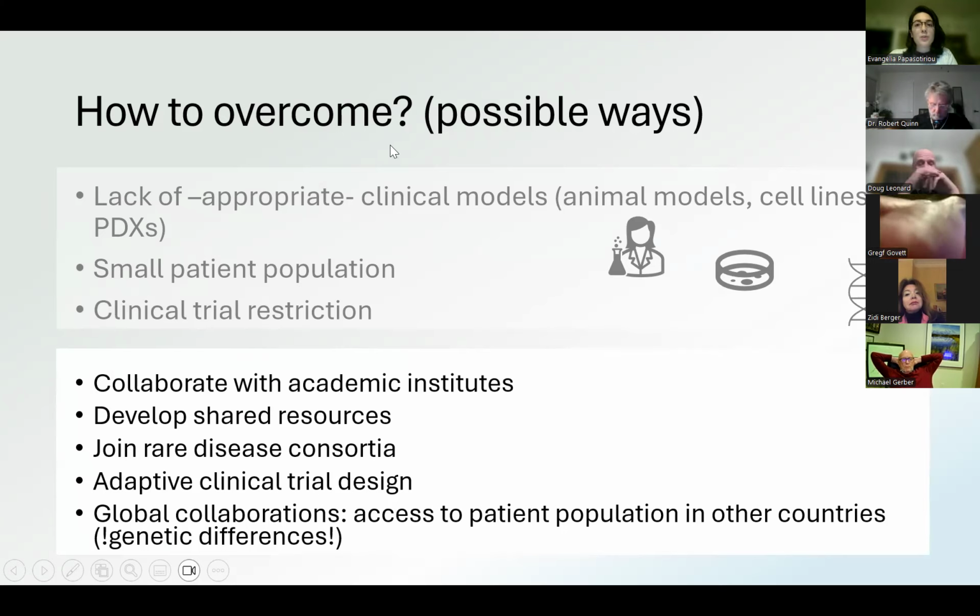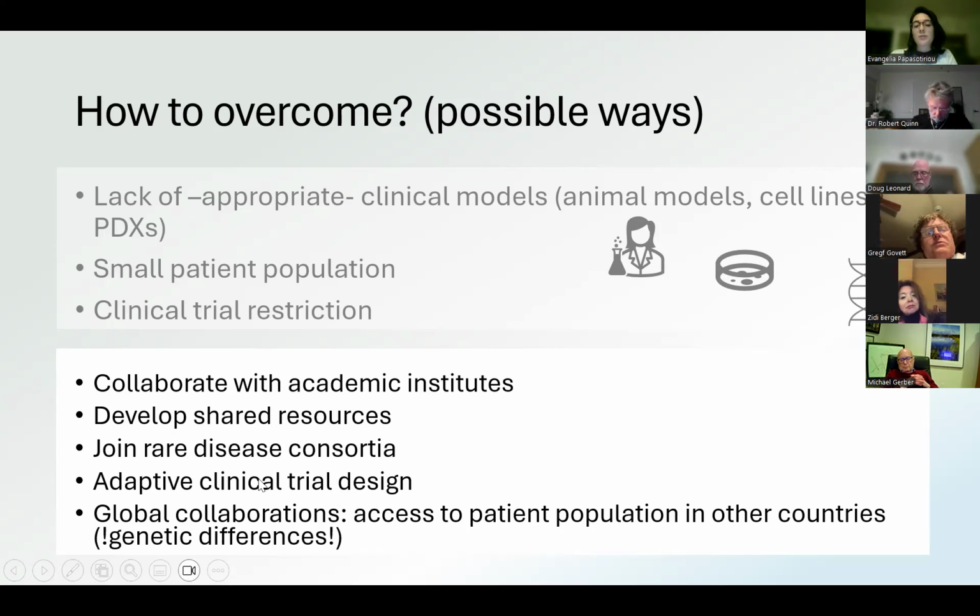But there are possible solutions that can help you with these kinds of challenges, such as collaborating with academic institutes. You can develop shared resources, such as specific lab equipment that you have, or some specific techniques or protocols. You can join a Rare Disease Consortium to have access to a large data set, and especially through artificial intelligence, you can make some first steps without needing any wet lab experiments beforehand.